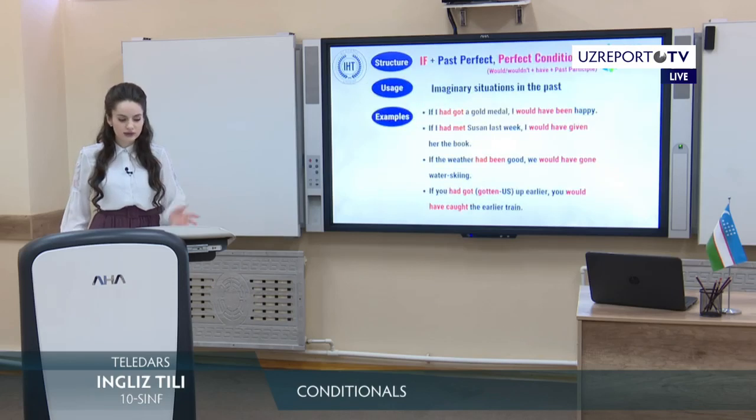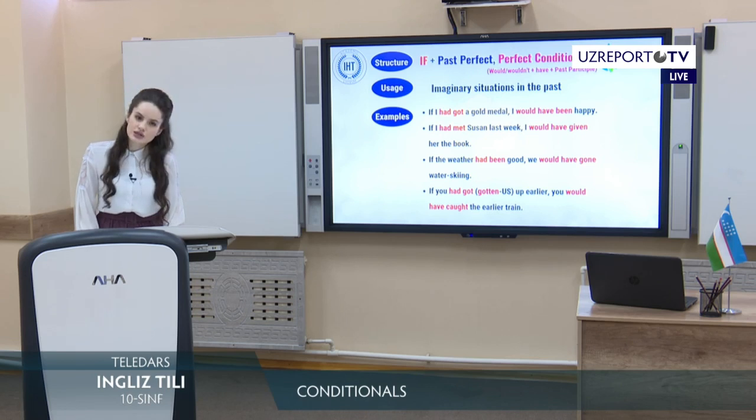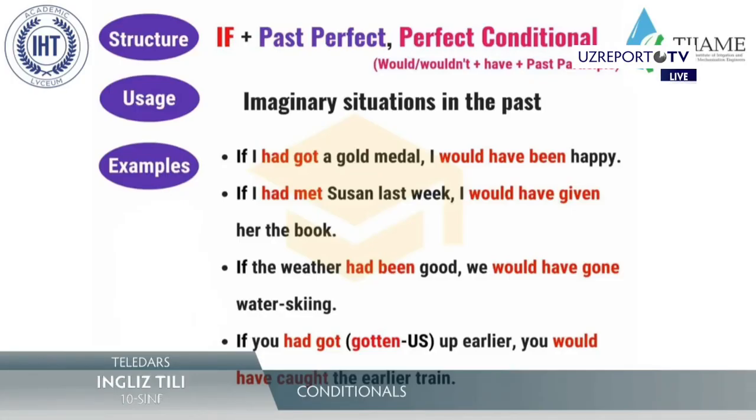Well, now please look at the structure. It is if plus past perfect, it is past perfect tense. We use the auxiliary verb had and a verb with ending ed or the third column of irregular verbs.